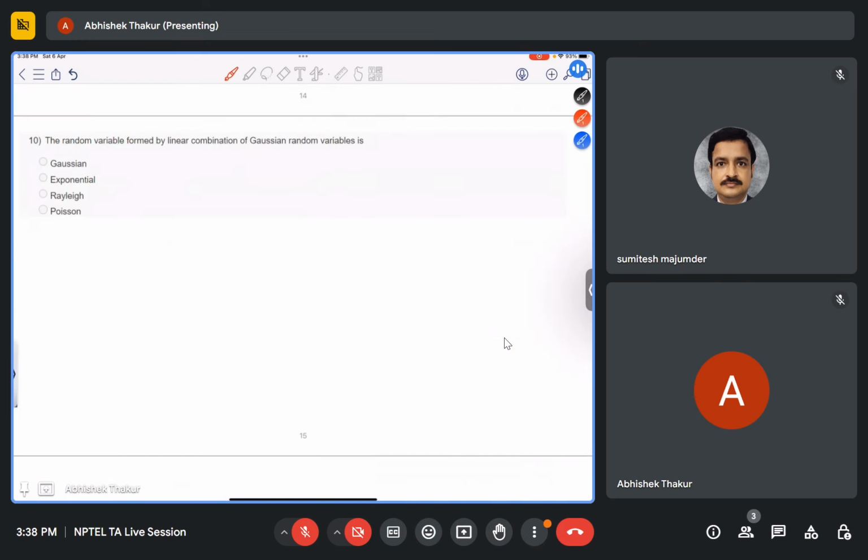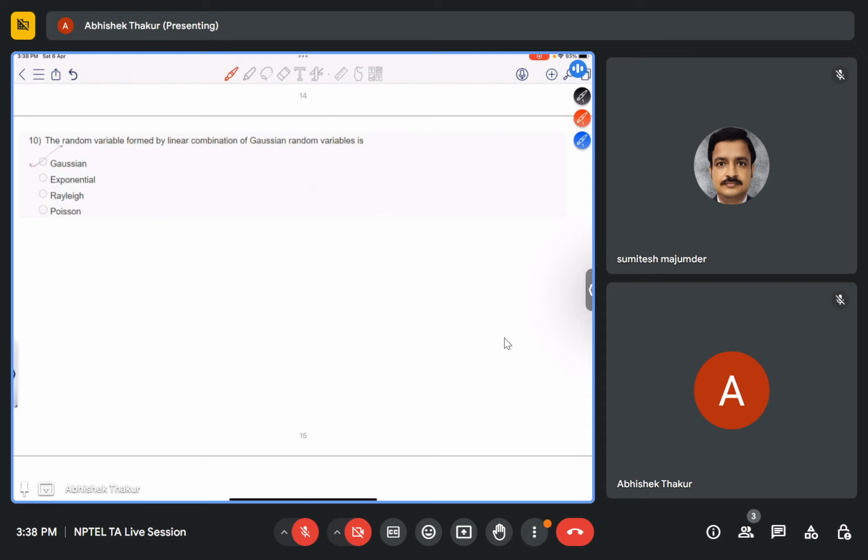Now moving on to the 10th question of today's tutorial session. The random variable formed by linear combination of Gaussian random variables is Gaussian.